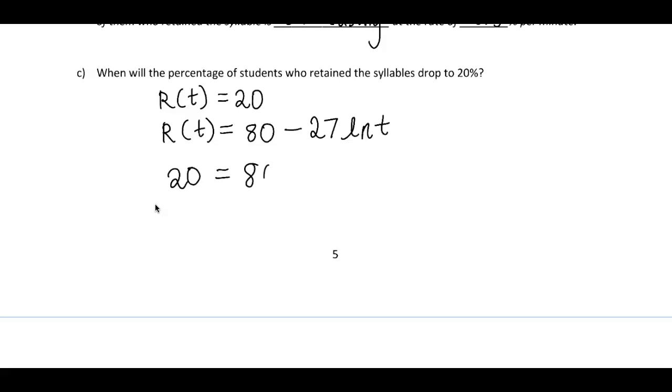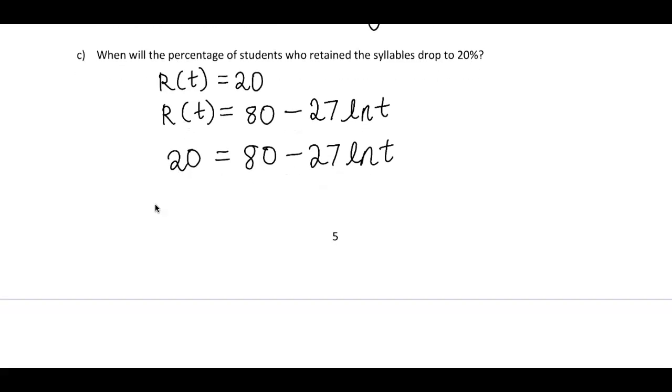We'll do 80 minus 27 natural log of t. First, subtract 80 from both sides. You get -60 equals -27 times natural log of t. Divide both sides by -27, you guys.